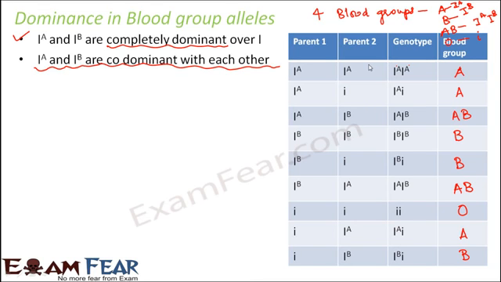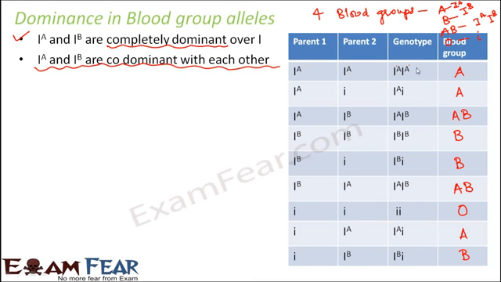You will be given the blood group of both the parents, the mother and the father, and then you will have to say whether a person with a specific blood group can be a kid of those parents. There again you will have to find out what are the possible blood groups which are possible with those alleles of the parents. So this is how the dominance in blood group is studied.